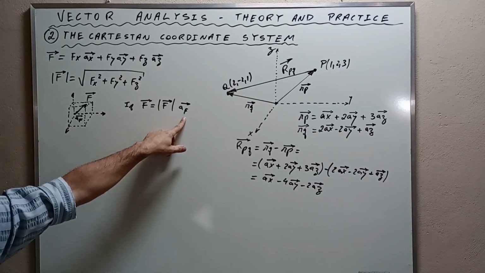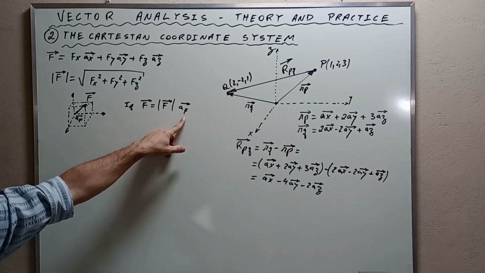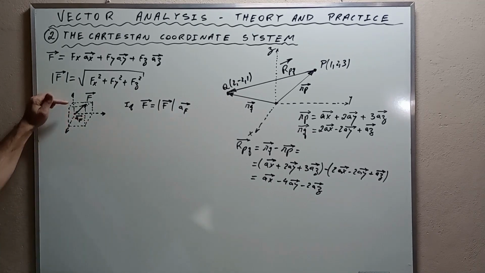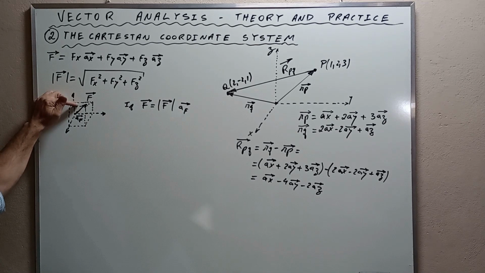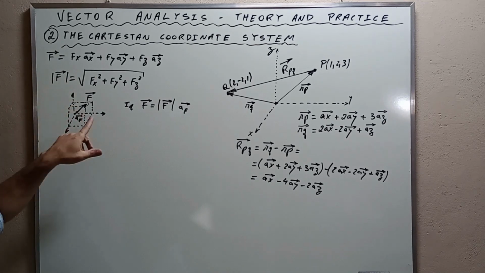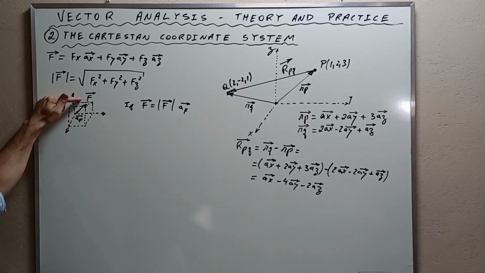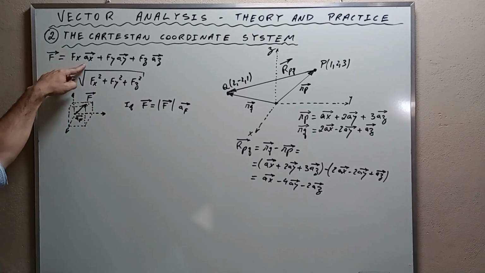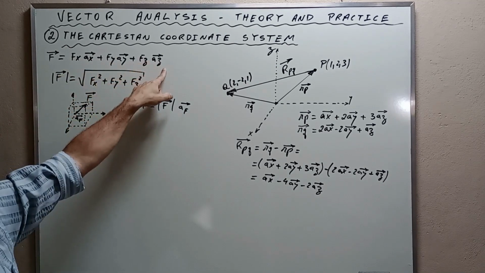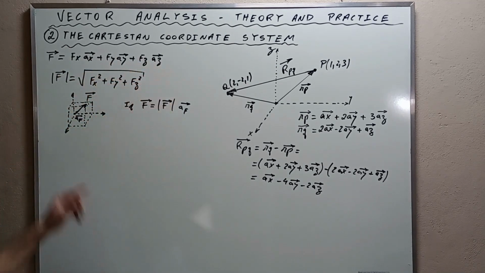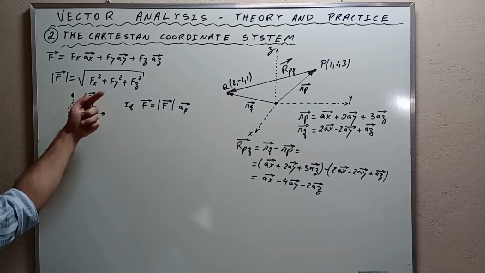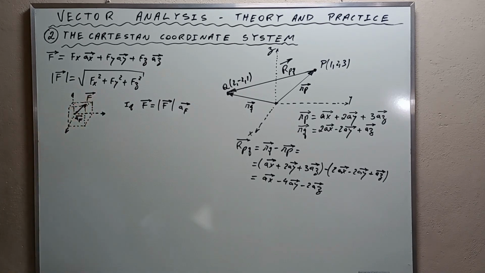AF is not in the direction of X or Y or Z. AF is the unit vector in the direction of this vector here, okay? And this vector can be expressed as a composite in X, Y, and Z, but also in its own direction.